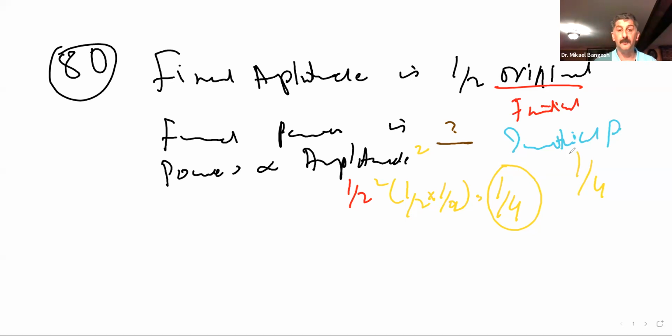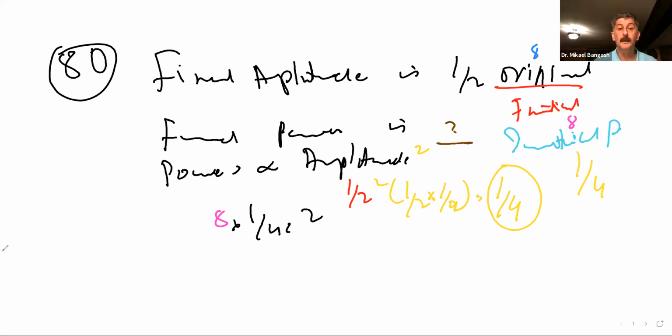So if your initial power, for instance, was 8, then the final power is going to be 8 multiplied by 1/4, which becomes 2. The initial amplitude could have been 8 as well, but that is only just halved.